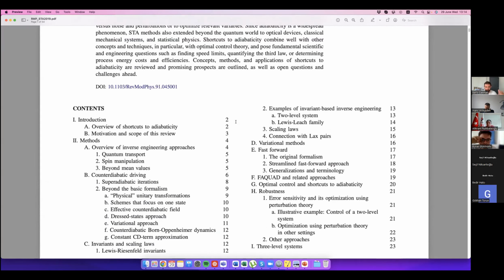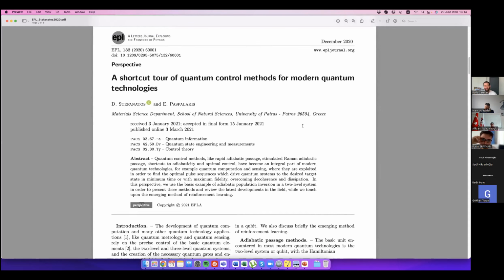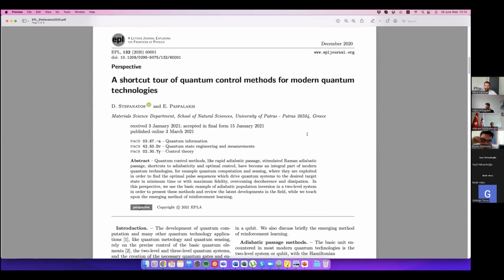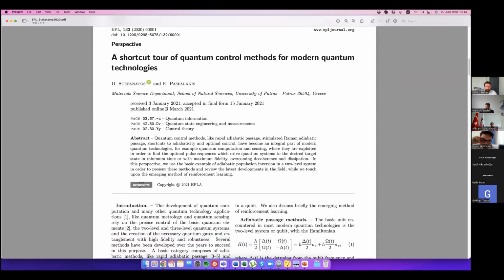There's a shorter, more non-technical version here: a shortcut tour of quantum control methods for modern quantum technology. These authors also touch on different aspects of control together with the costs and where you can use them for modern quantum technologies in general.